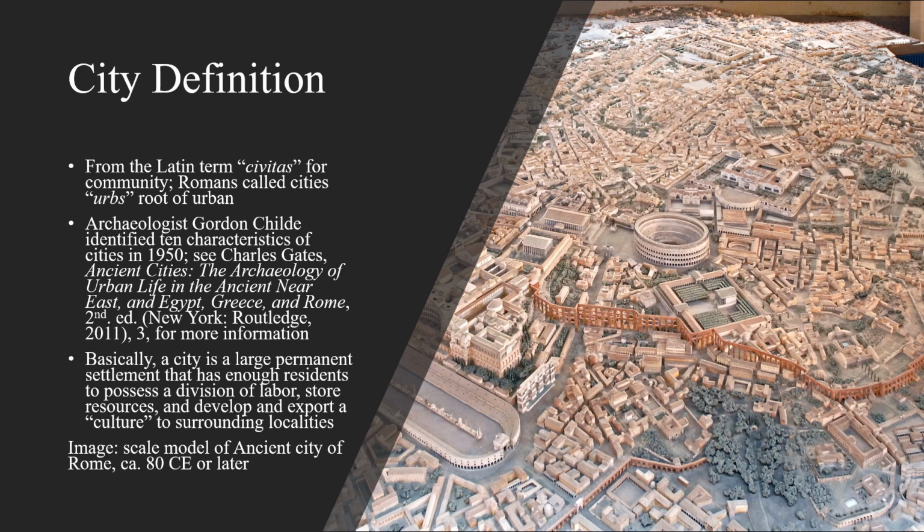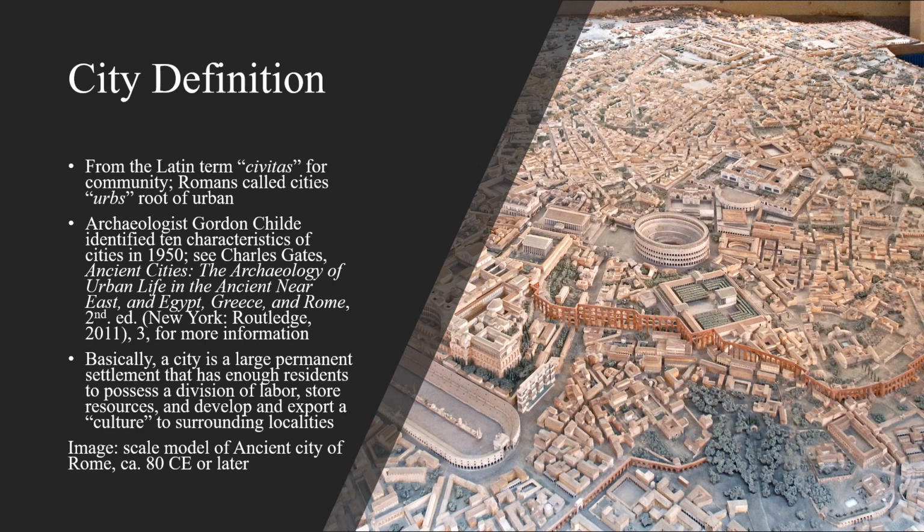Here are some important definitions and terminology related to cities. We get our English word city from the Latin word civitas, which means community. The Romans called cities urbs, which is where we get our word urban from. And we'll be using the terminology of archaeologist V. Gordon Childe.